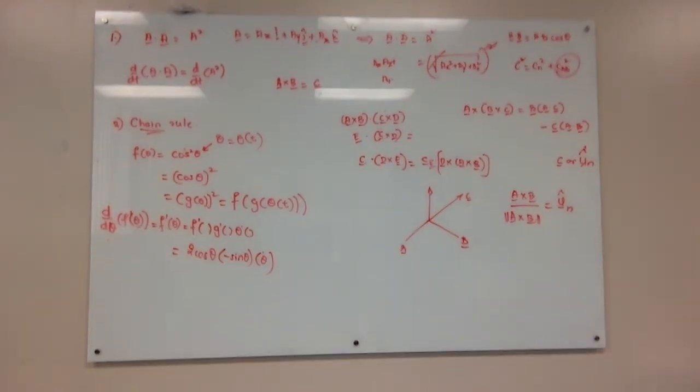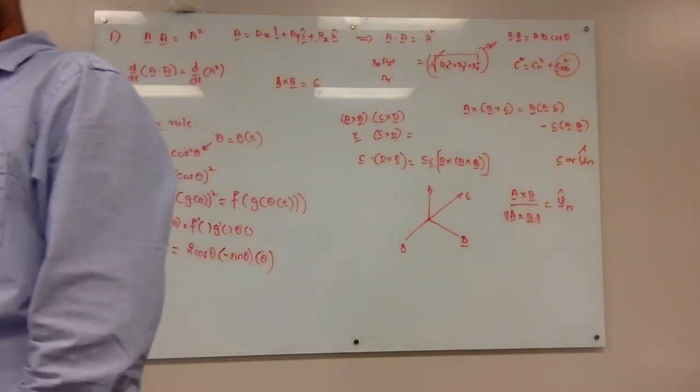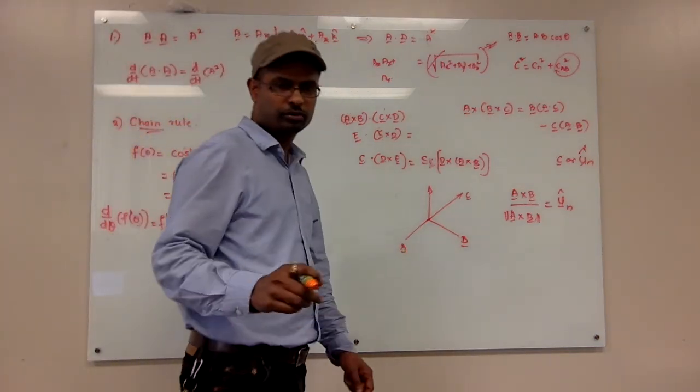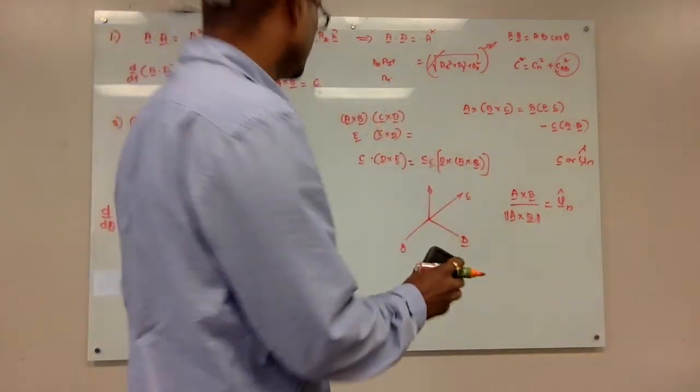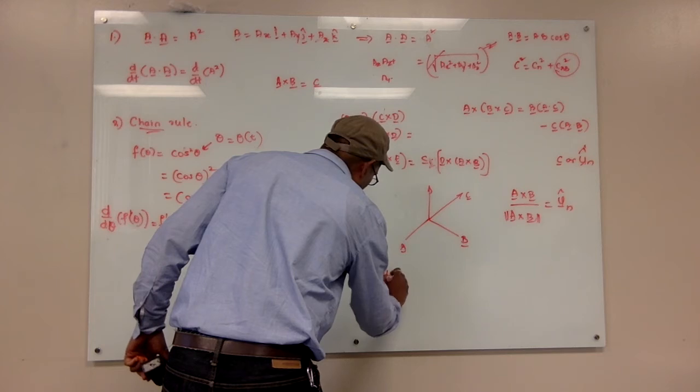So the last one. Look at the last problem. What is the last problem? So you have UT, UN, and UB. You have three vectors here, okay? UT, UN, and UB.